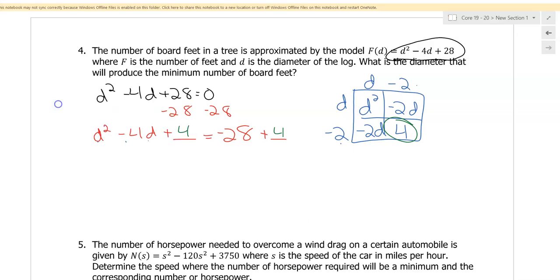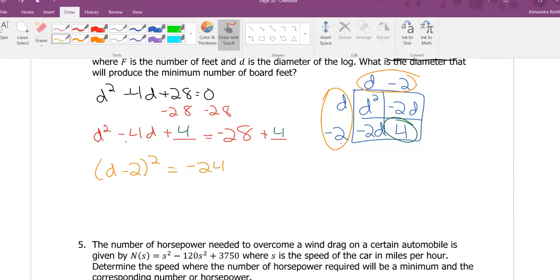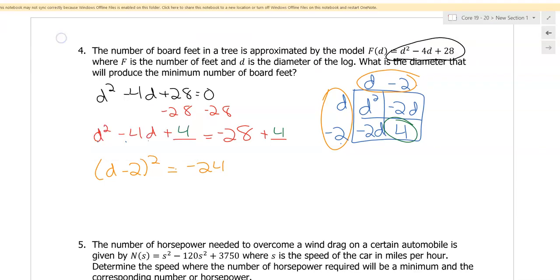And our numbers on the outside, it's d minus 2. There's 2 of them. So that's (d minus 2) squared equals negative 24. Last step, we're going to add 24 to get this back to 0.